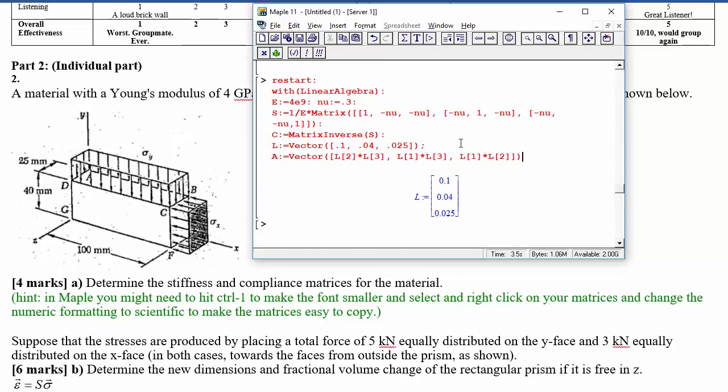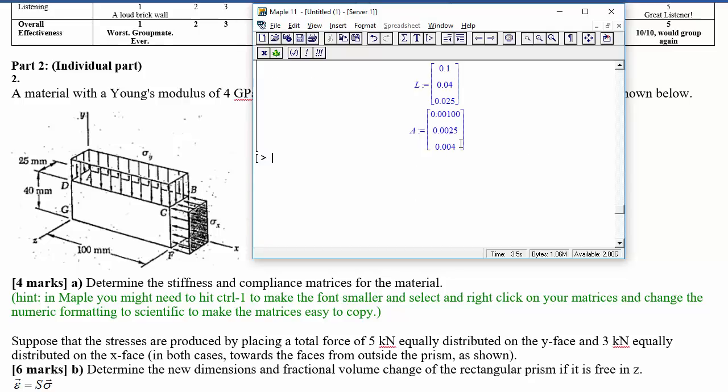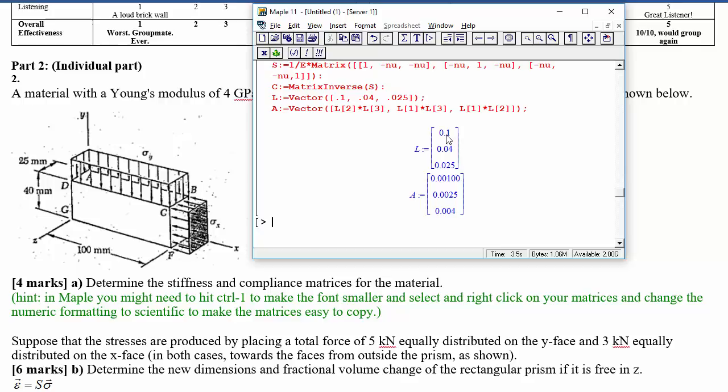Let's see if this works. Okay, so the area perpendicular to X would be based on the Y coordinate times the Z coordinate. That's how we're getting that. And then perpendicular to Y would be the X coordinate times the Z coordinate, and perpendicular to Z would be the X coordinate times the Y coordinate.